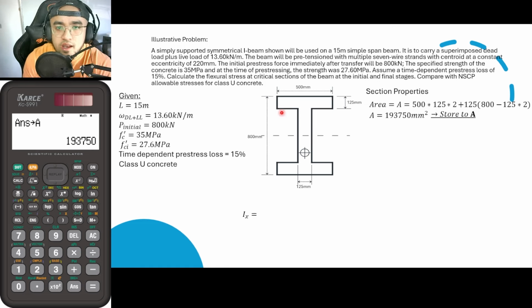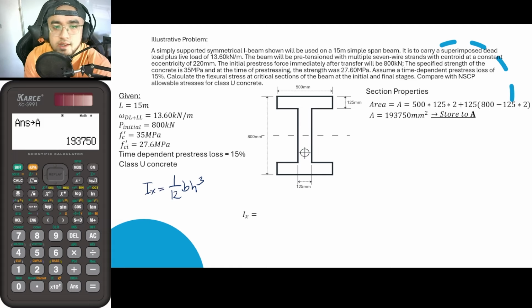Since I know the moment of inertia of a rectangle, and as you can see, your I section here is made of connected rectangles, I would rather make use of the formula 1 over 12 BH cubed. So this is now Ix.